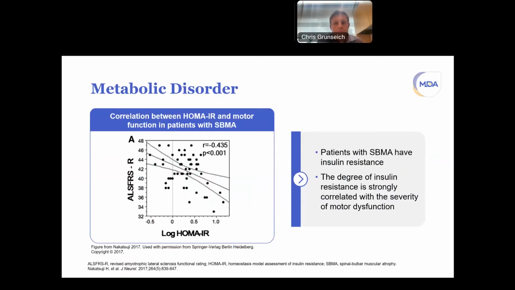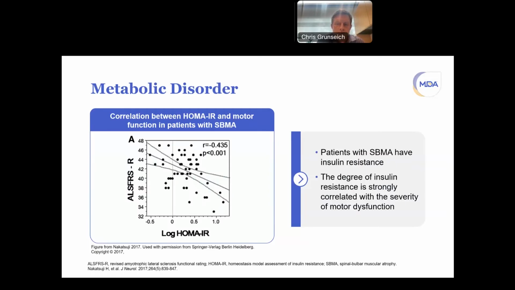We know also that patients with SBMA are predisposed to having changes in metabolic function. This slide is showing the evidence of insulin resistance that is detected in several studies of the disease by this HOMA-IR measure. The HOMA-IR is a ratio of the patient's glucose over their serum insulin level.